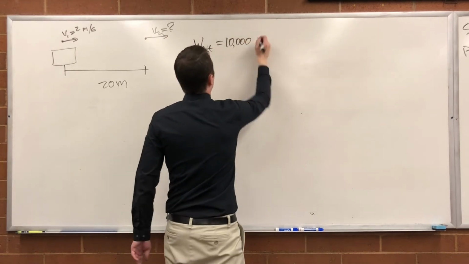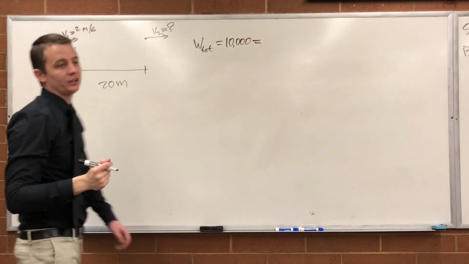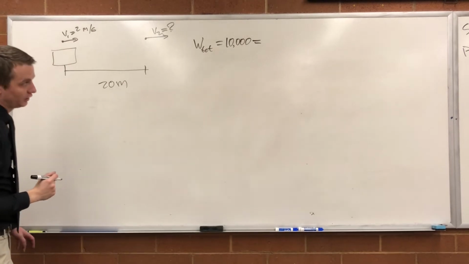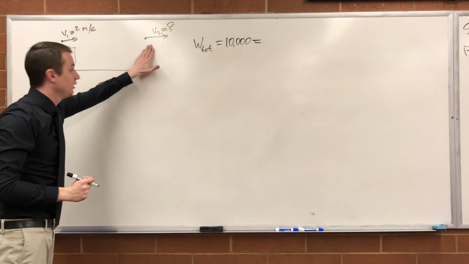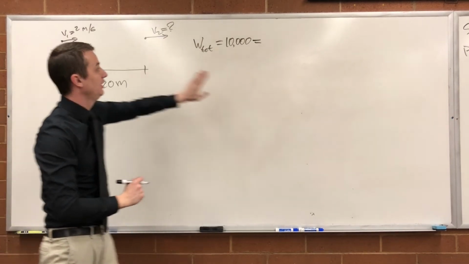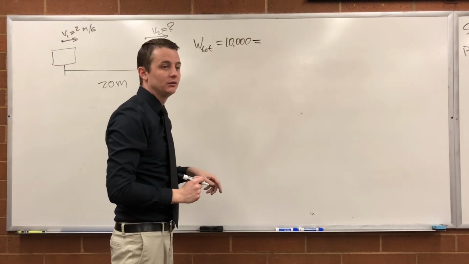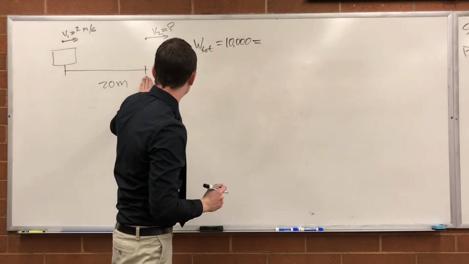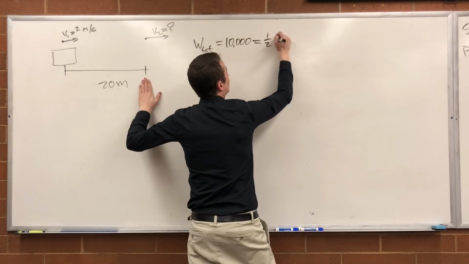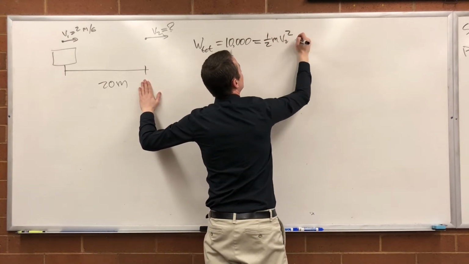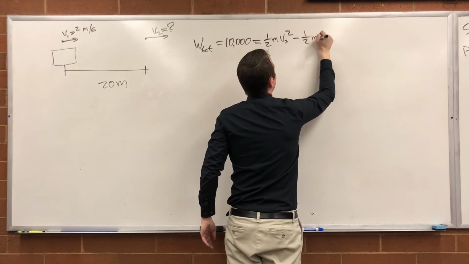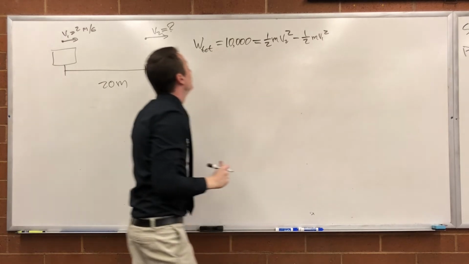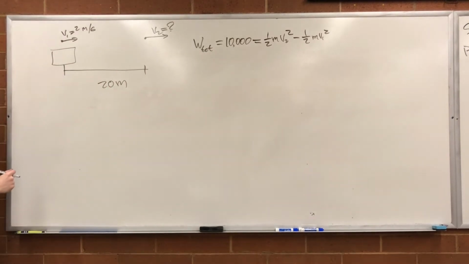Okay. Now, that's the total work, the work-energy theorem. That's also a change in kinetic energy, which means my kinetic energy here minus my kinetic energy here has to equal 10,000. So what's my kinetic energy here? That's 1/2 m v2 squared. What's my kinetic energy here? That's 1/2 m v1 squared. Now, what's the big thing we're missing in that equation?